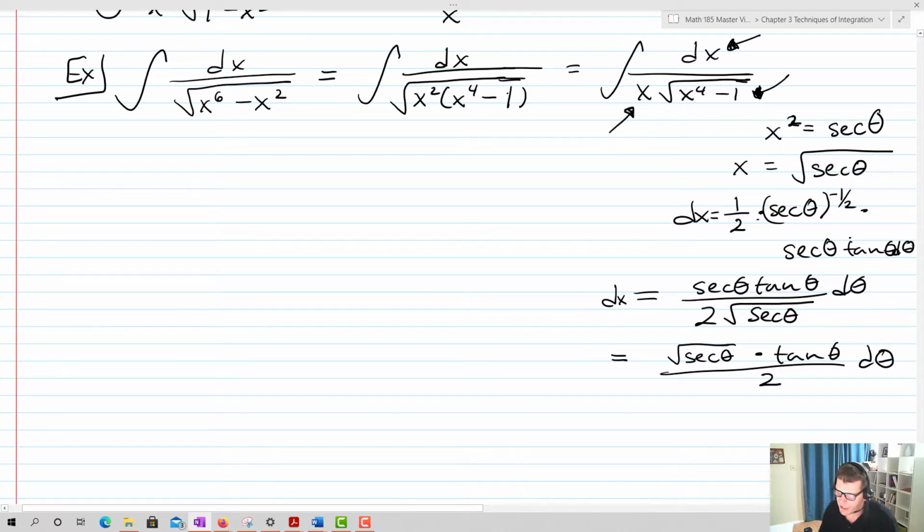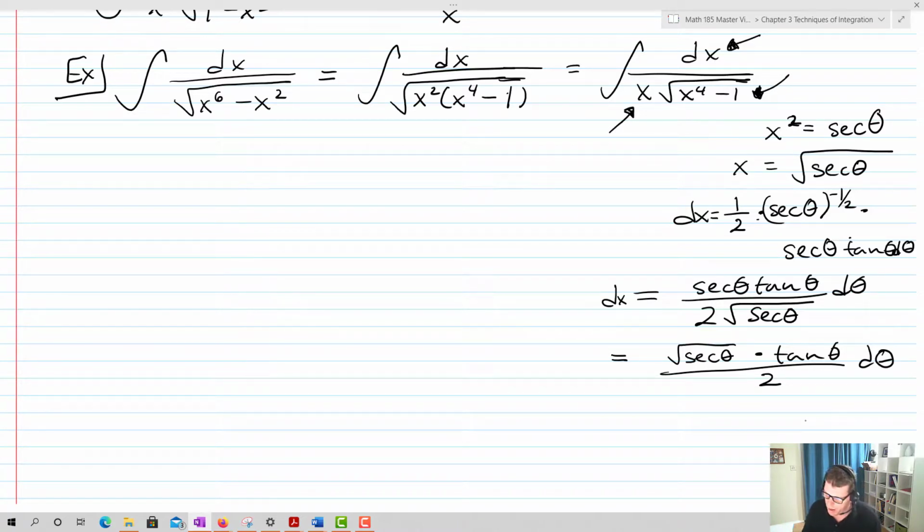So now we can actually make a substitution. Notice we still are utilizing that substitution where we want to end up with secant squared theta minus 1. So what is the value that I need to plug in there? Well, that's going to be x squared equal to secant theta.